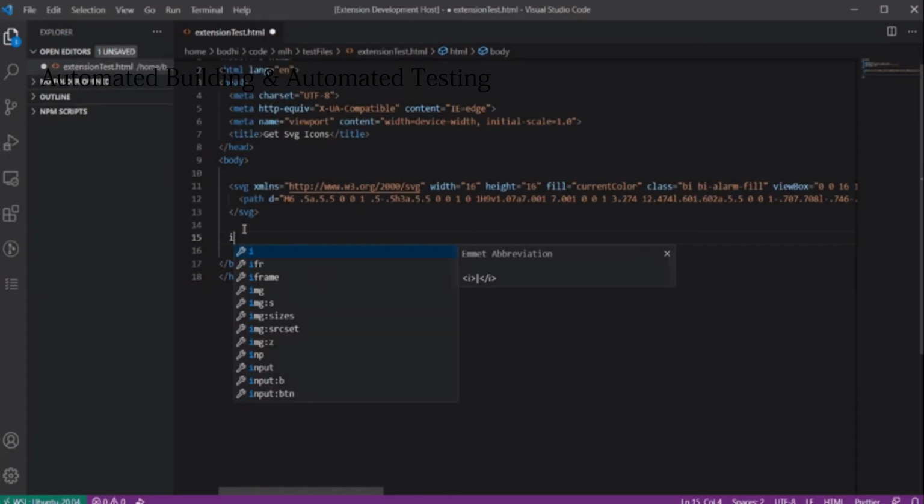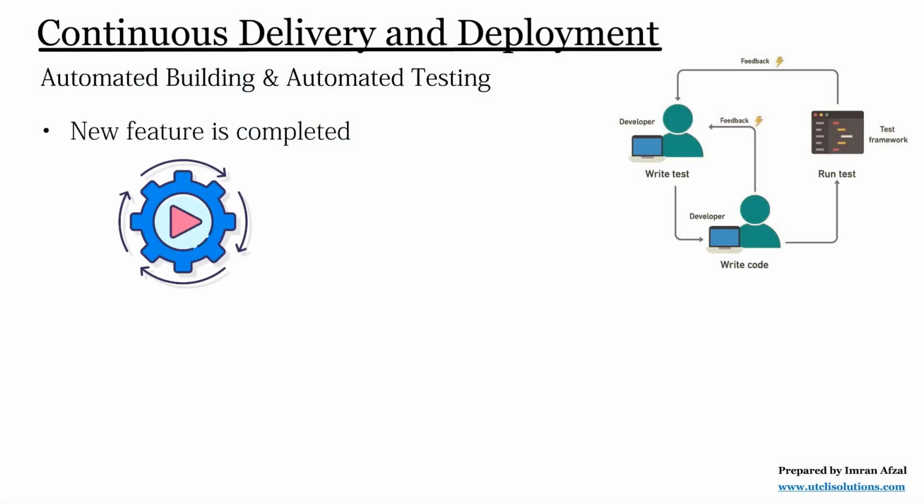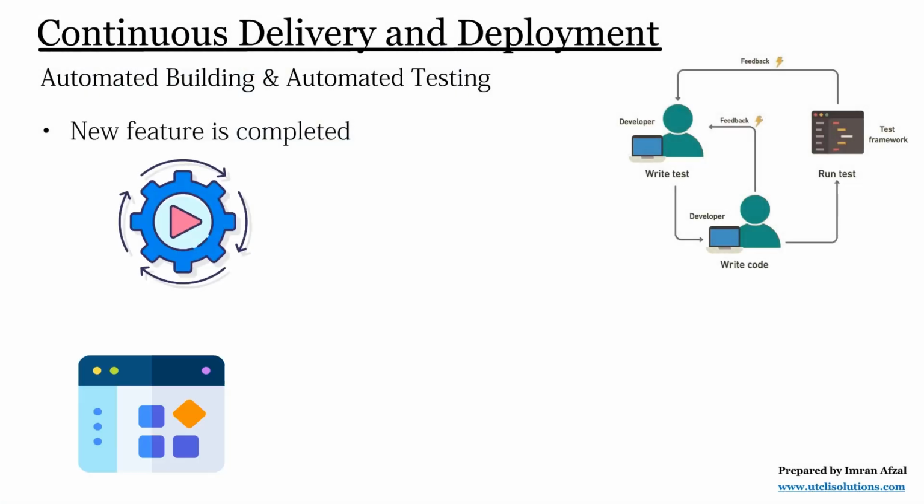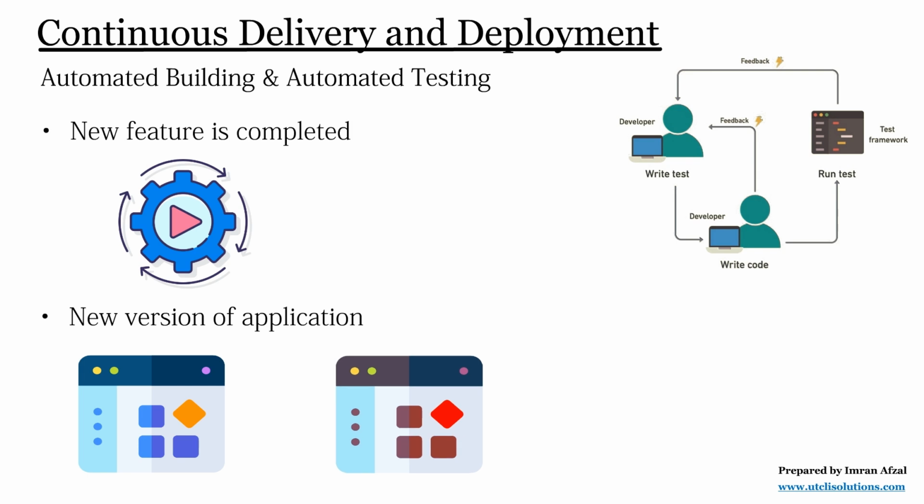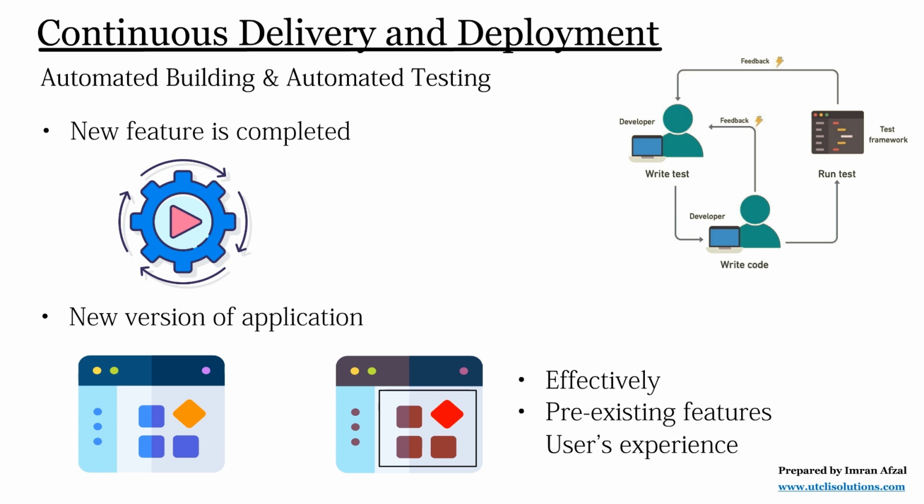As soon as coding of this new feature is finished, your code is taken by an automated process and a new version of the application will be created. Here, automated testing will ensure that this newly developed feature works effectively and does not bother pre-existing features and user experience.